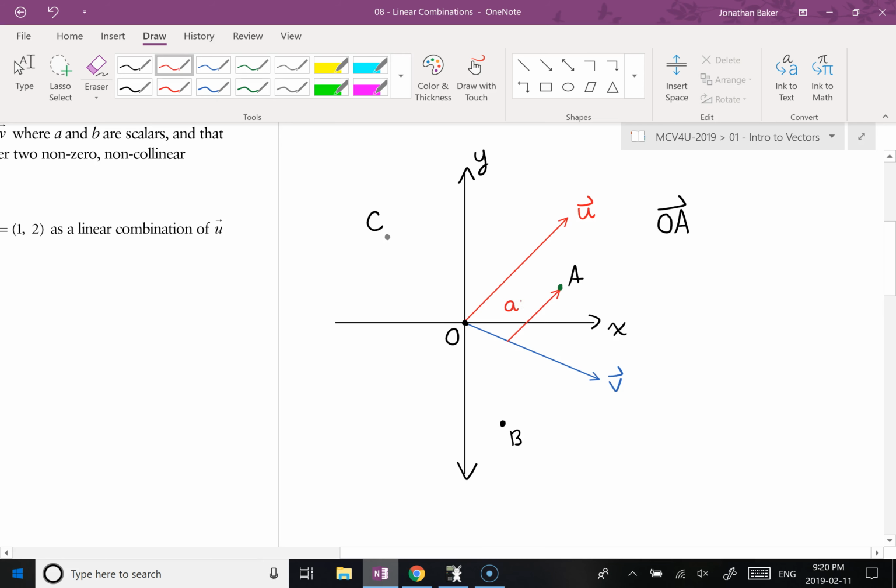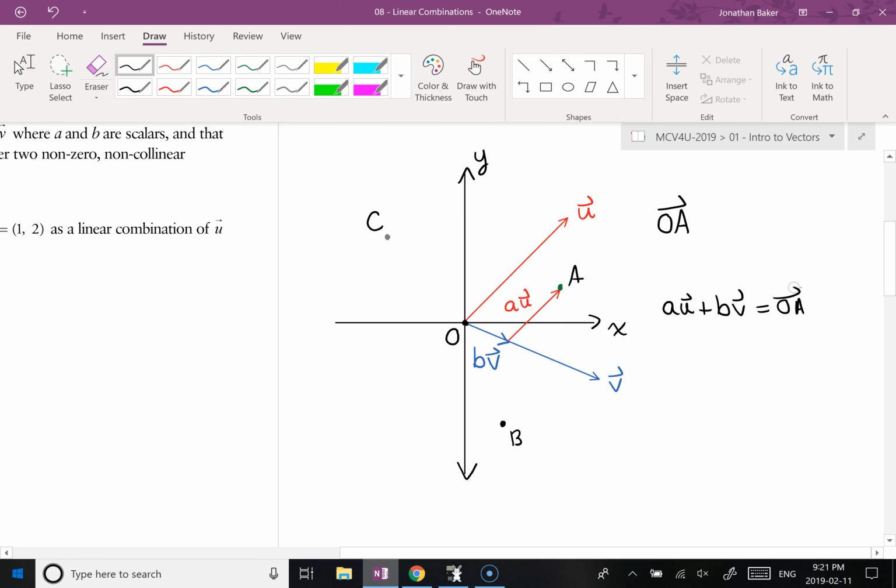A times vector U, the red one. And really, we only came part of the way down V to get there, so this we'll call B times vector V. Now we know that A and B in this case are going to be less than 1, because we're just scaling down vectors U and V in order to get to A. And the resultant of adding these two, A times vector U plus B times vector V, would be the vector OA.